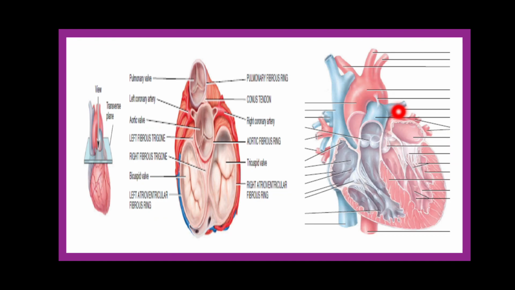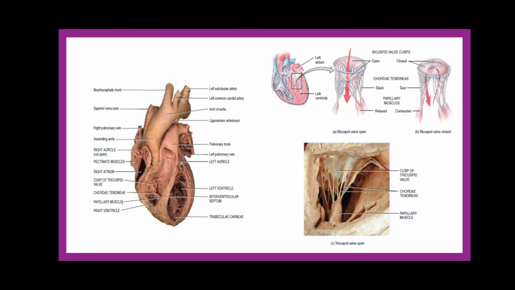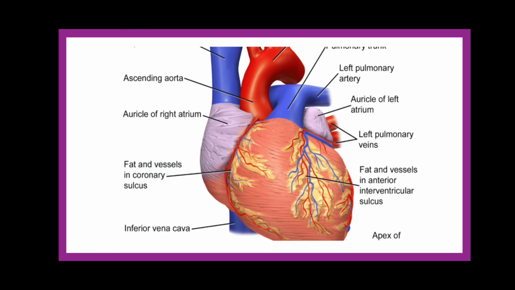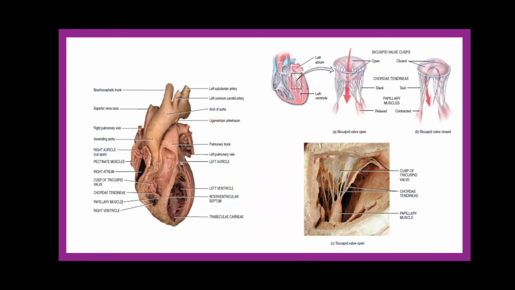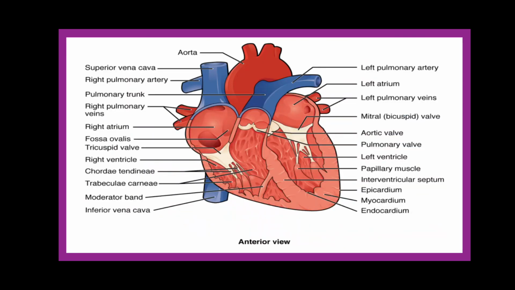Okay, now this is about all the chambers of the heart, which we have seen in detail under the internal structure of the heart. So here we finish with the internal structure of the heart. I would like to summarize what we have seen.